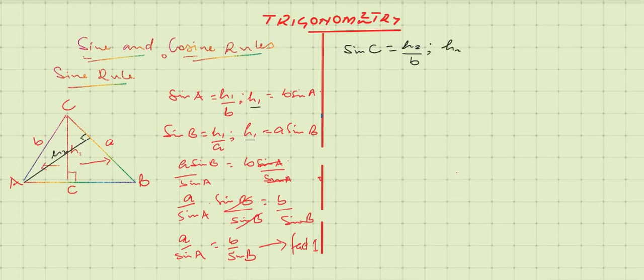This means that H2 is equal to b sine C. Again, comparing the lower triangle, the sine of B is equal to H2 over c, such that H2 is equal to c sine B.